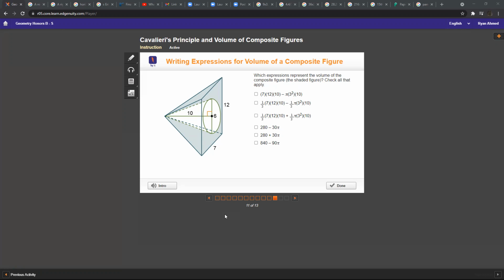Length times width times height divided by 3. Yep, fantastic. So we have those numbers right before us. So we have a rectangular base with dimensions 7 and 12. We multiply those together, we get 84. And then we're going to multiply by the height. So what would be the height of our rectangular pyramid? 10. Yep, fantastic.